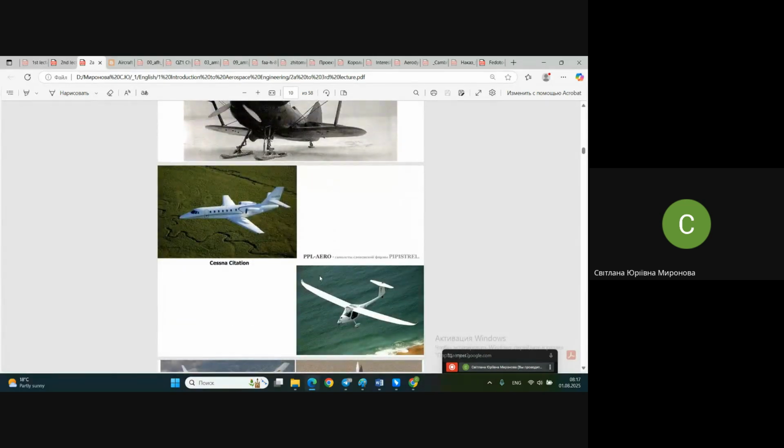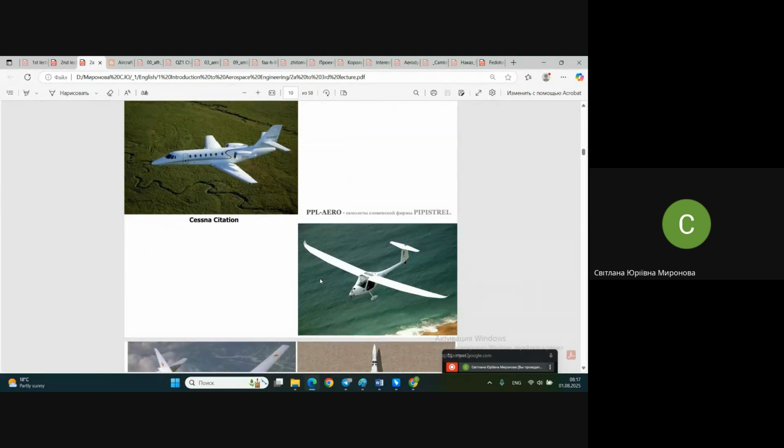Next, a couple of photos. Let's characterize what we see and how to understand what these airplanes are purposed for. It's quite clear that this is a business jet by its appearance, and here is so-called general aviation. Which one do you think is slower? Of course, this one is slower. A short wing is more typical for speedy airplanes, and this one, I'm not sure, I think it's for low speeds, like 300s, for instance.